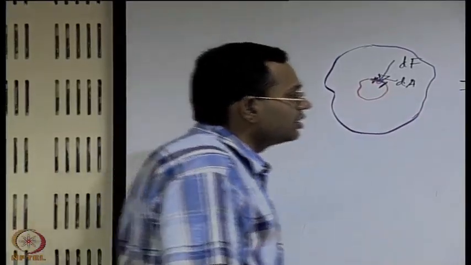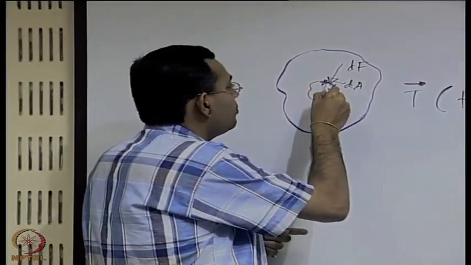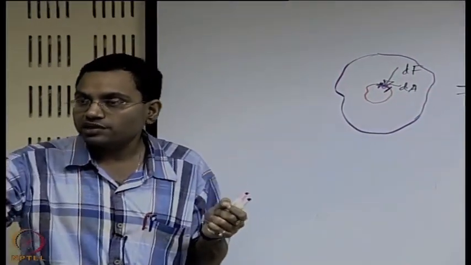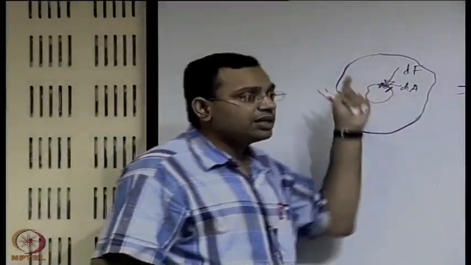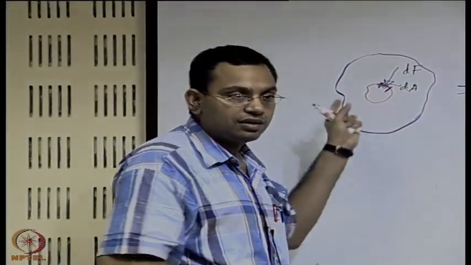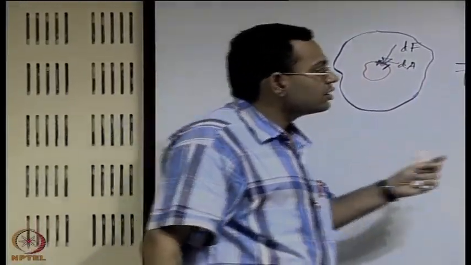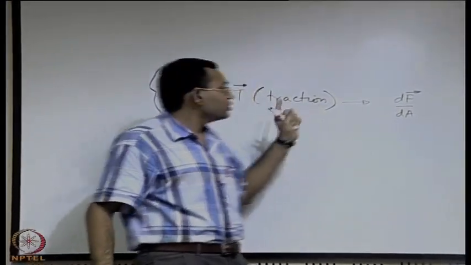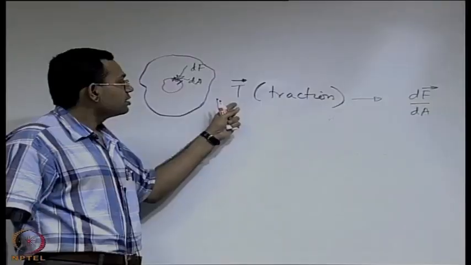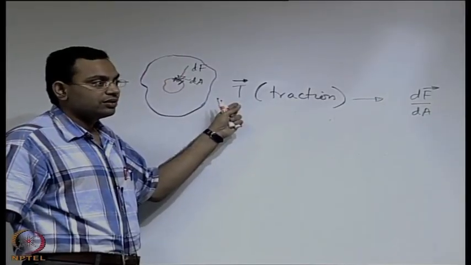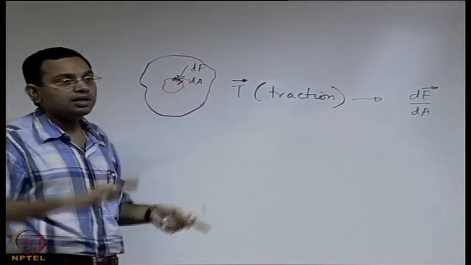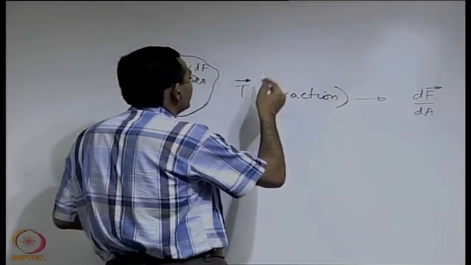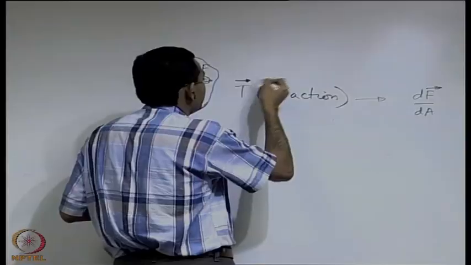That means, given the location fixed, given the magnitude of the elemental area fixed, still this ratio is going to be different. So, this strongly depends on not just that dA, but how that dA is oriented. So, it is important to give a kind of a superscript or subscript to this.